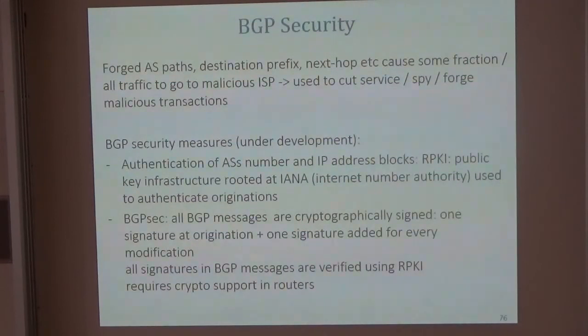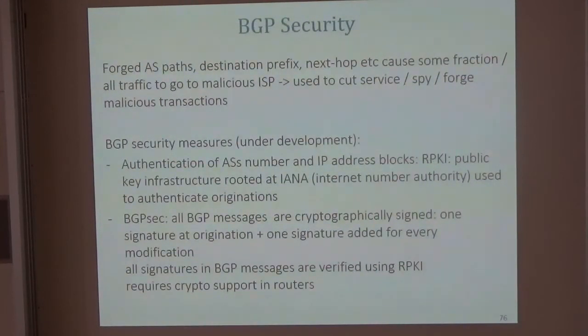So you need companies that are trusted by everyone that deliver the top-level certificates. And those top-level certificates are used to sign the AS numbers and the blocks given by the AS numbers. So what you need is a public key infrastructure, and there is one, RPKI, where R stands for routing.